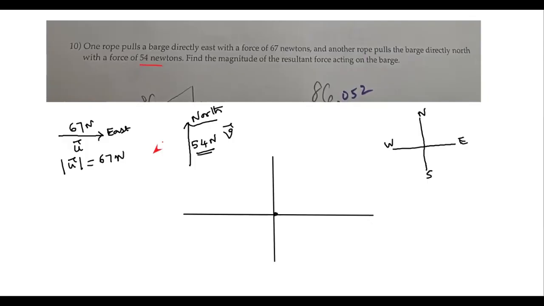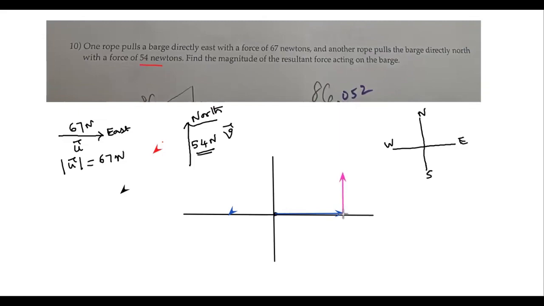So what you have to do is just draw the two vectors in the east and north directions. Let me elaborate. Here is the first vector of 67 newtons in the east direction. After completion of the movement in the east direction, we have a direction in the north.